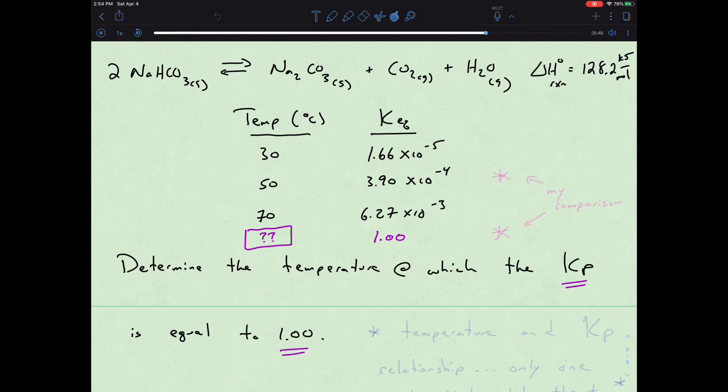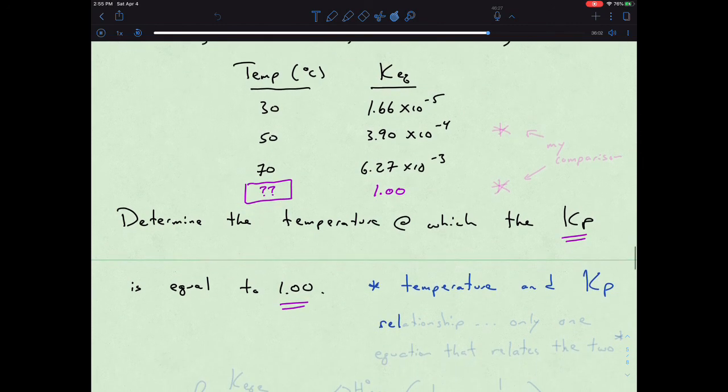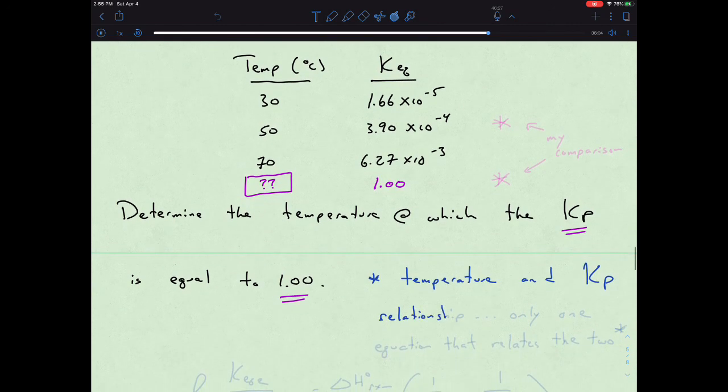So a couple telltale signs. Right here we have a temperature and equilibrium constant relationship. And guess what? There's only one equation that relates the two.